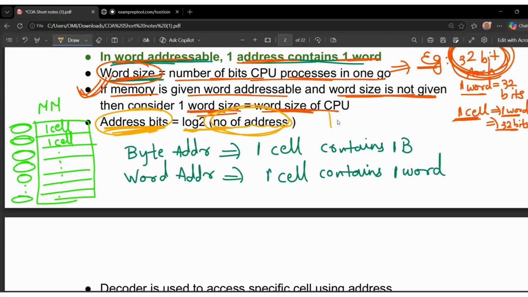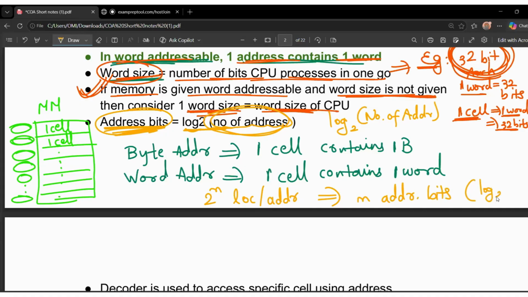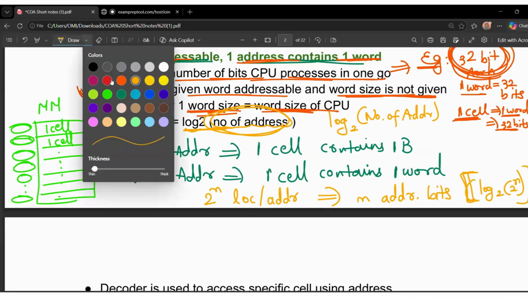You have to do log base 2 of the number of addresses to get the bits. So if you have 2 power n locations or addresses, how many bits are needed? n address bits, because log base 2 of 2 power n is n. We have seen many questions with this formula.